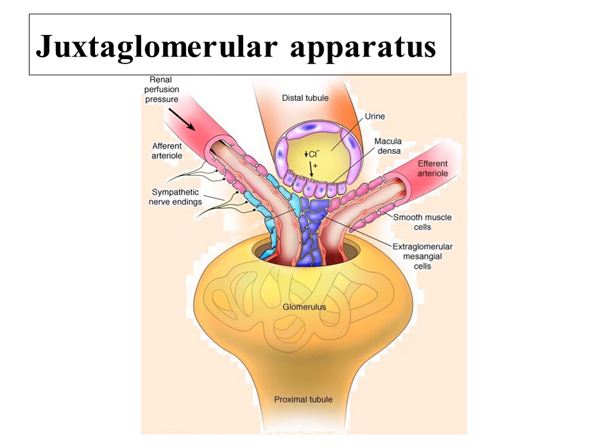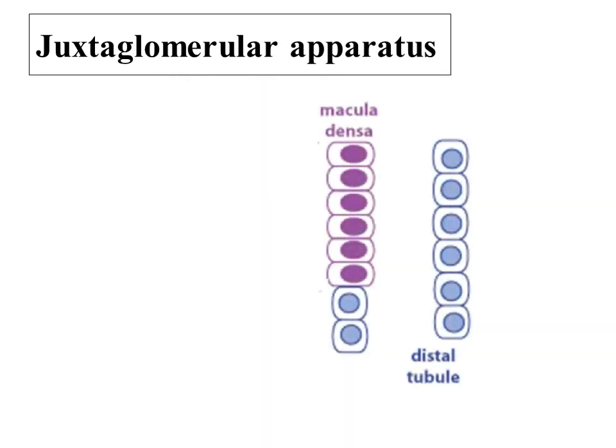The juxtaglomerular apparatus consists of modified cells in the distal convoluted tubules and modified cells in the afferent arteriole.